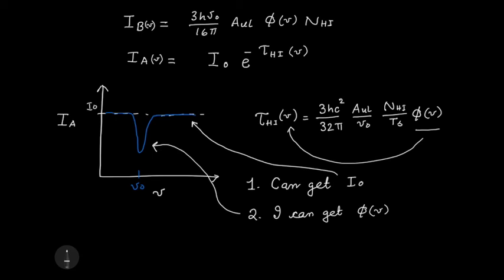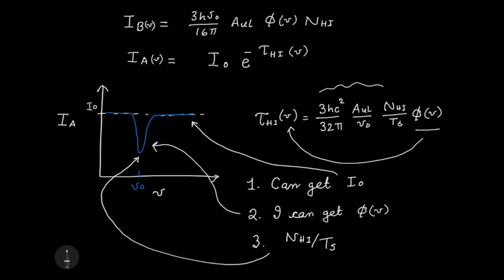I can get phi nu, because that is the line shape function here, and N_H1 by T_s, which is from the tip. Remember that at the tip phi nu is at its maximum. So there I can figure out what this thing is.